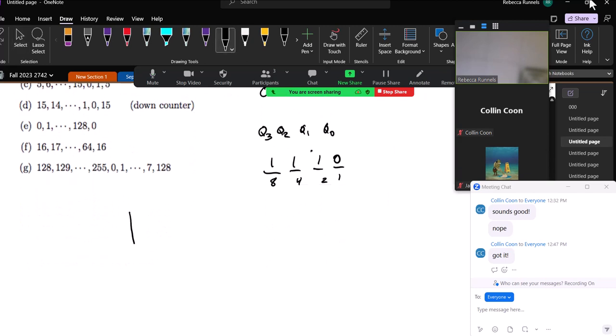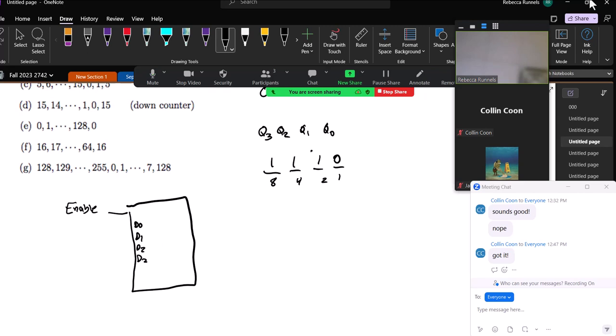So we would have our counter, and it has an enable, and we'll have D0, D1, D2, D3, and we're starting at 0, so we'll just put a 0 on each of these, and we have a load, and we have a clock, and we have our output Q0, Q1, Q2, Q3.